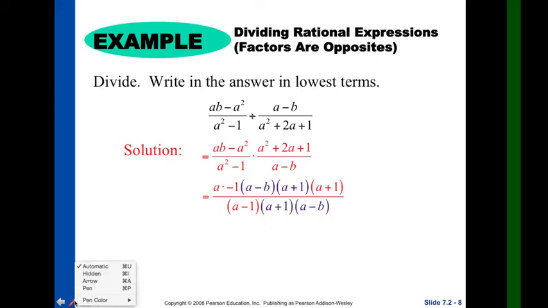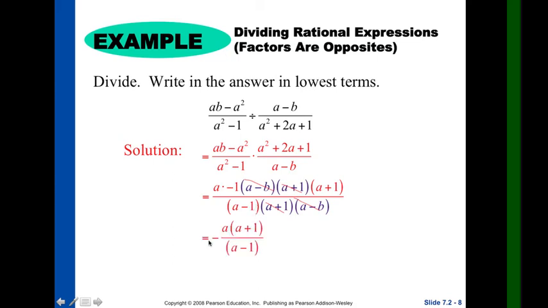So, from here, pwede na tayong mag-cancel ng A minus B tsaka A plus 1. And then, pwede na natin silang pagsamahin. So, a times negative 1 is negative a, quantity a plus 1, all over a minus 1.